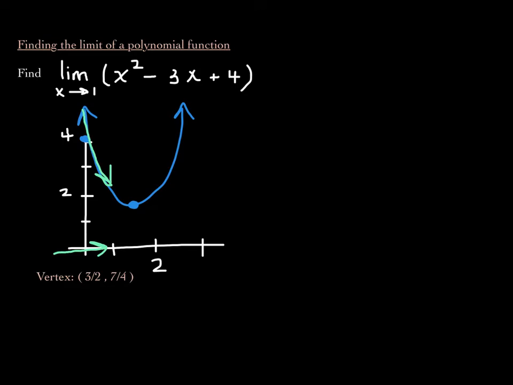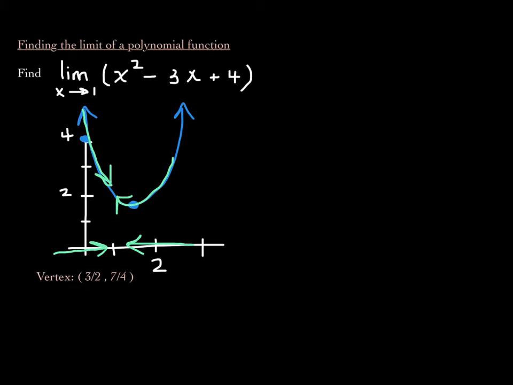Just looking at the graph, it looks as if it's approaching 2. But I need to confirm that. As I approach x equal to 1 from the right, it looks as if the function values are also approaching 2.